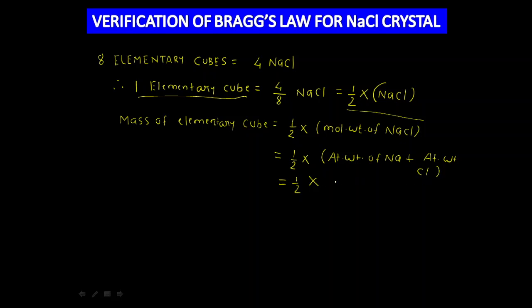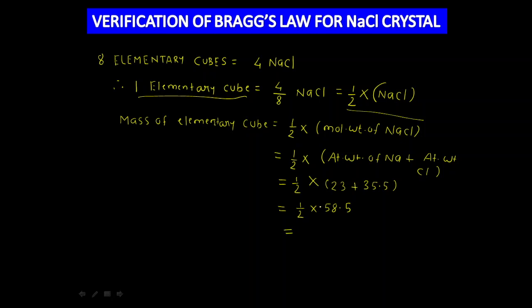So atomic weight of Na is 23 and atomic weight of Cl is 35.5. So we get half into 23 plus 35.5, which is 58.5.